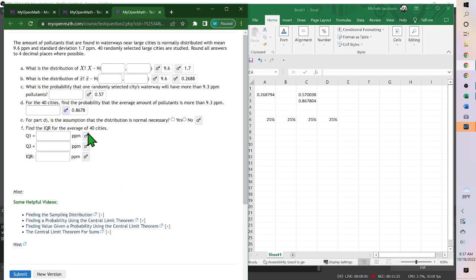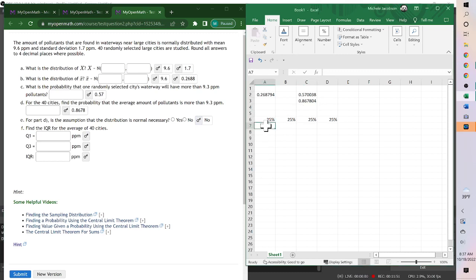For part D, is the assumption that the distribution is normal necessary? No, it's not, because the sample size is more than 30. It's 40. And because of that, then you didn't need it. For the quartiles, remember 25%, the first quartile is right here, so 25% is below it.